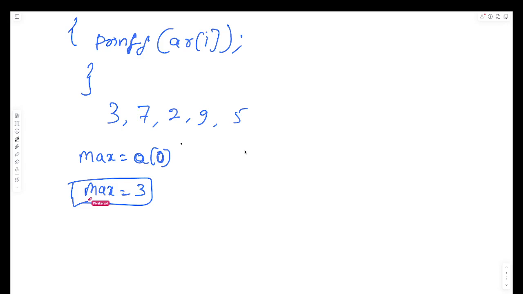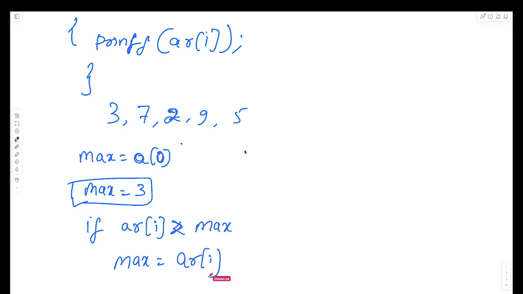For each element, we compare it with max and see if the current element is greater than max, and then replace max with the current element. So if array of i is greater than max, then max equals array of i.